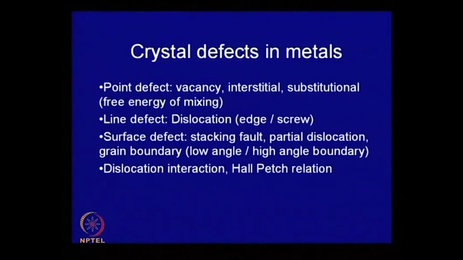Good morning. We shall continue with our lecture on crystal defects in metals, and last class we introduced the concept of stacking fault. So far we have been talking about dislocations which are perfect.